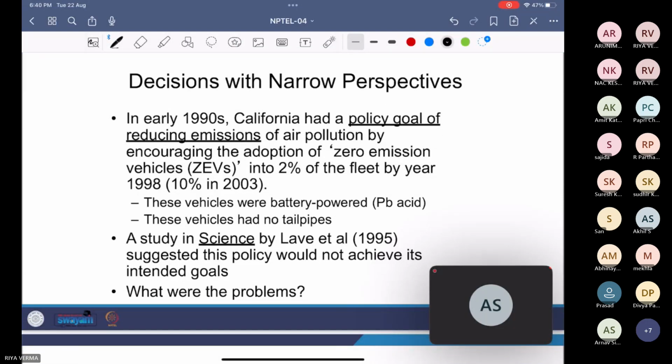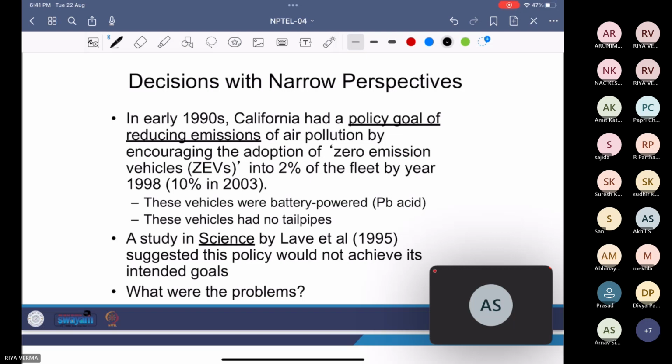In the early 1990s, California had a policy goal of reducing air pollution by encouraging the adoption of zero emission vehicles. So they shifted from diesel and petrol vehicles towards zero emission vehicles, that is electric vehicles, targeting 2% of the fleet by the year 1998.